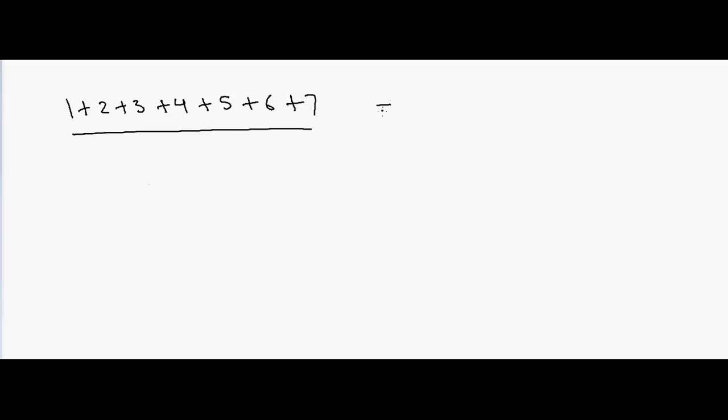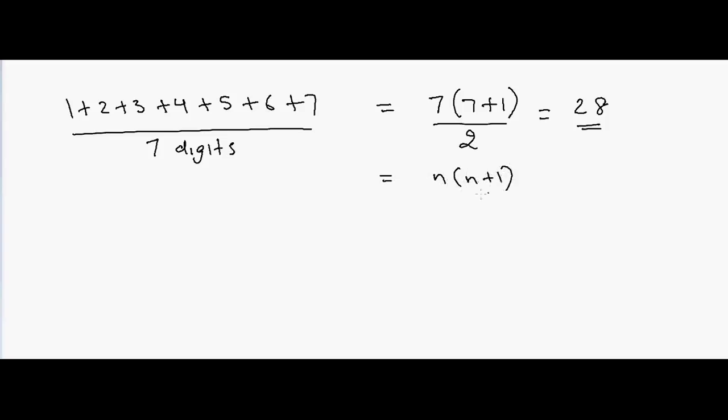The formula in that case: we have 7 digits, so the answer will be equal to 7 into 7 plus 1 divided by 2, that is 28. Now this is the formula. The formula can be written as n into n plus 1 divided by 2, where n is the number of digits, right?